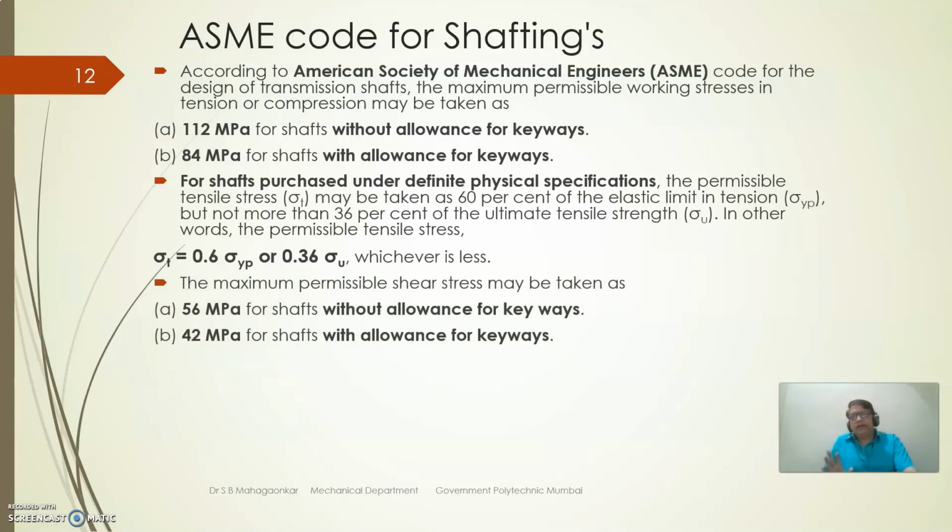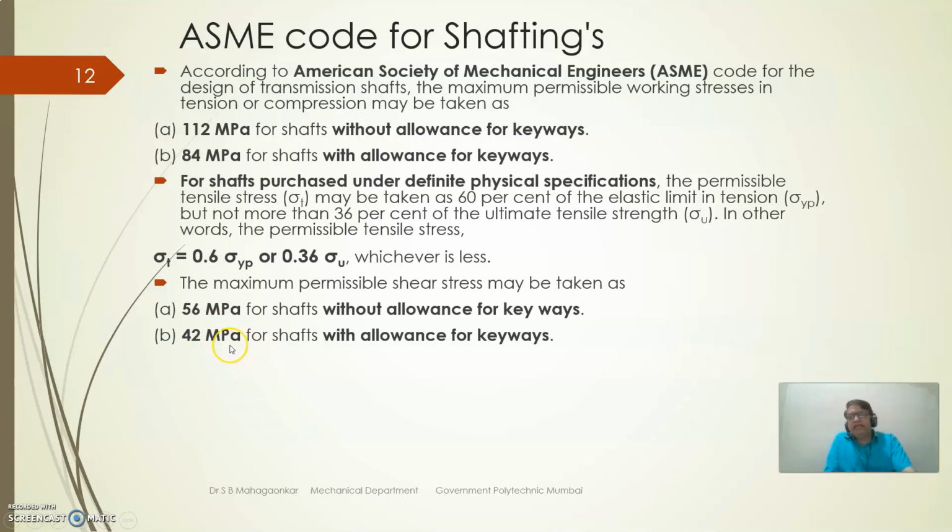So now we will go for the ASME code for shafting for finding the shear stress. If you want to assume the permissible shear stress for a commercial shafting, in that case you can go for 56 MPa for the shaft without keyway.